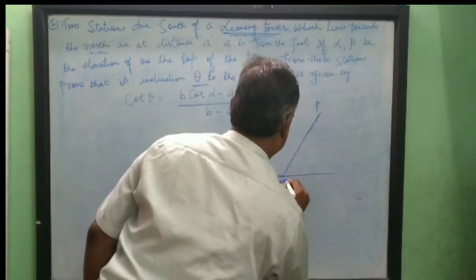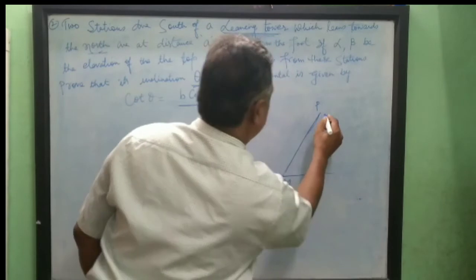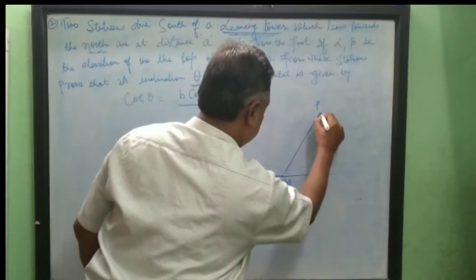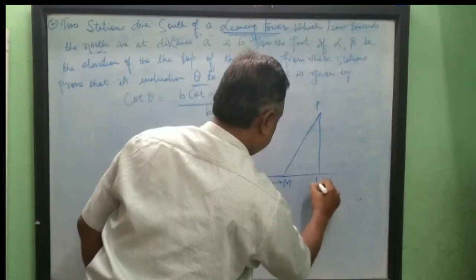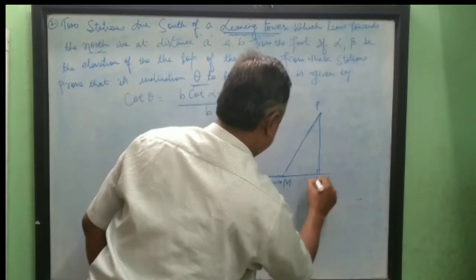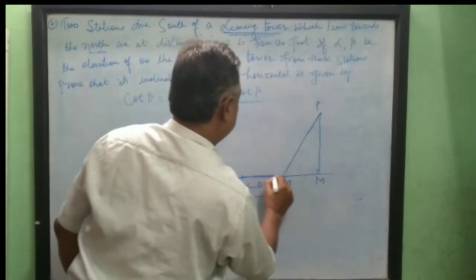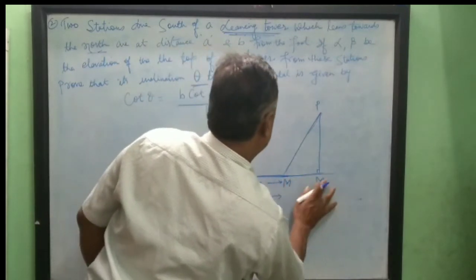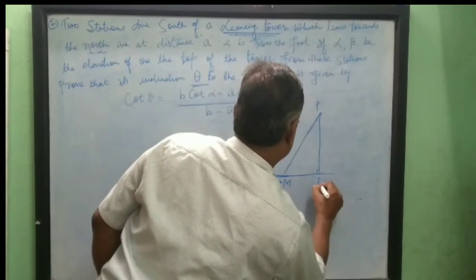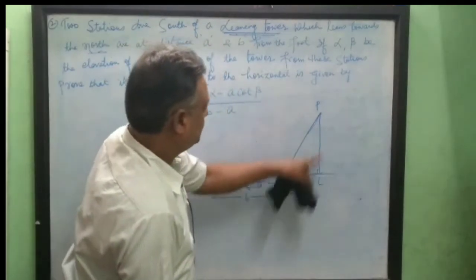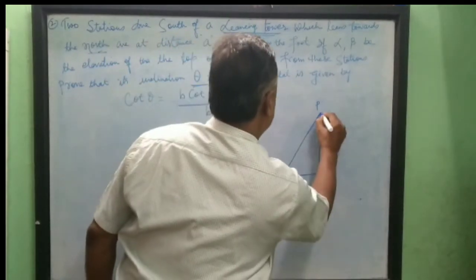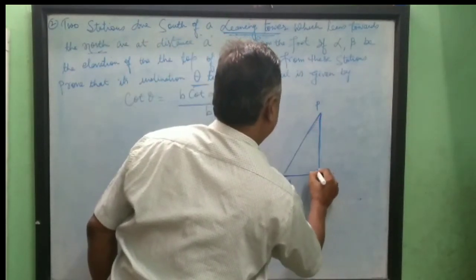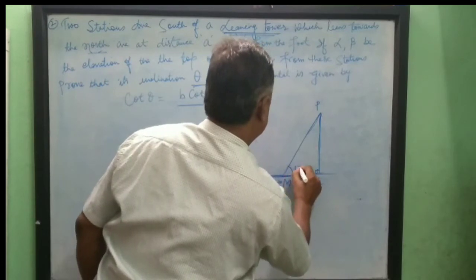So at first, from this point P, draw a perpendicular which meets BM, L produced at L, and this angle is theta.